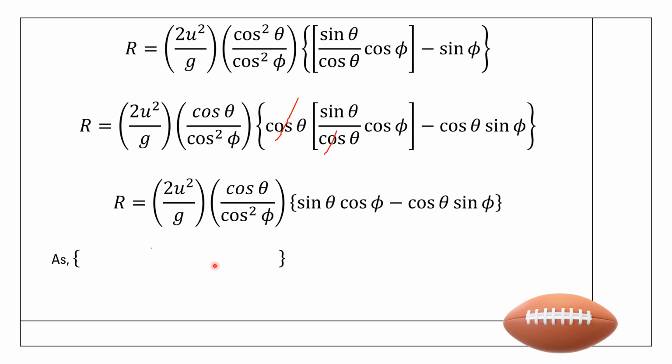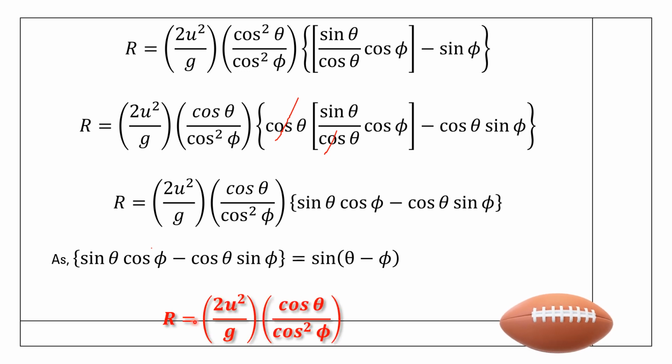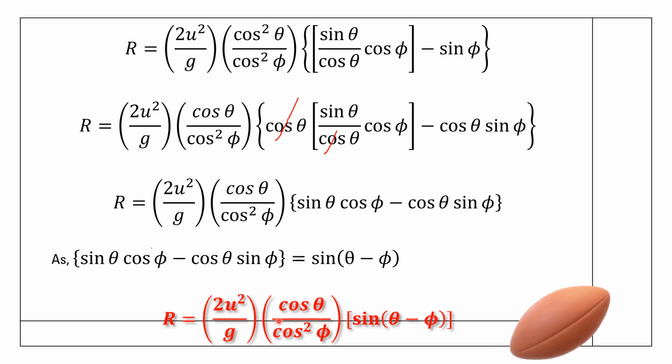We know that sin theta cos phi minus cos theta sin phi can be written as sin of theta minus phi. So the answer of this question, or the range of the projectile on an inclined plane, can be given as r is equal to 2 u square upon g into cos theta upon cos square phi multiplied by sin of theta minus phi.